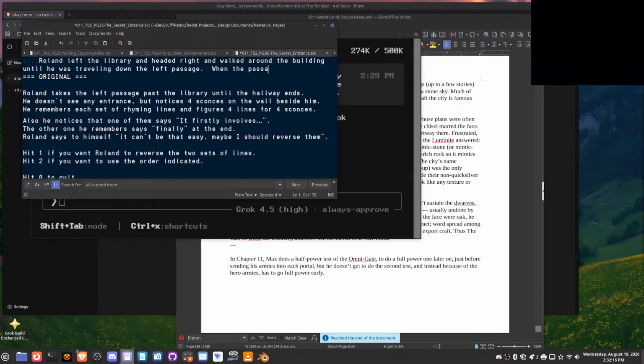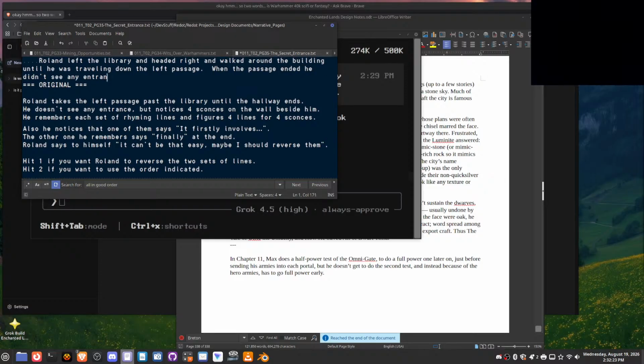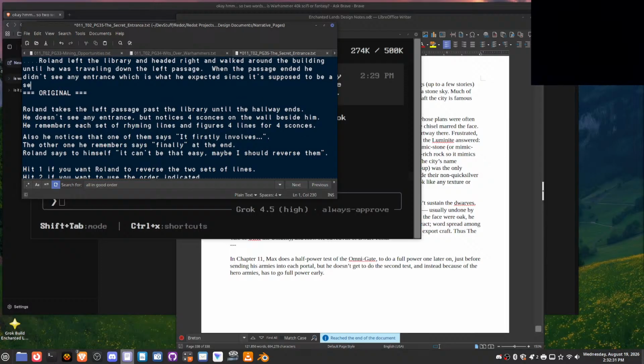When the passage ended, he didn't see any entrance, which is what he expected since it's supposed to be a secret entrance.